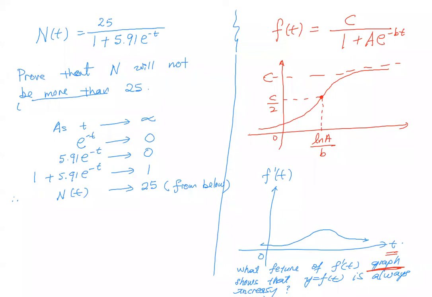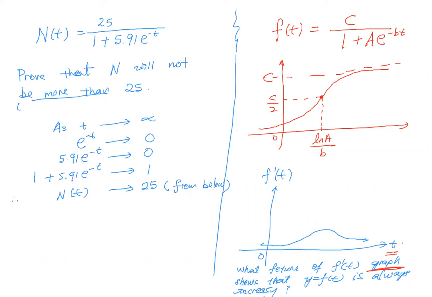The whole graph of f prime t is above the t-axis, which means that f prime t is always positive. Therefore, f(t) is always increasing. You must say it's above the t-axis first, then only say positive. That is called the feature. Are you okay?